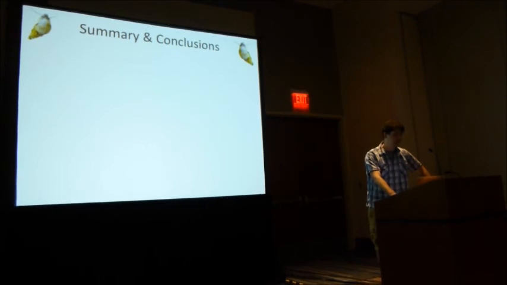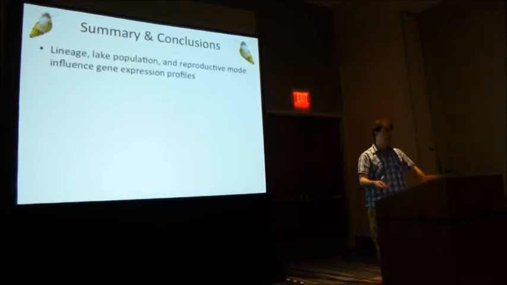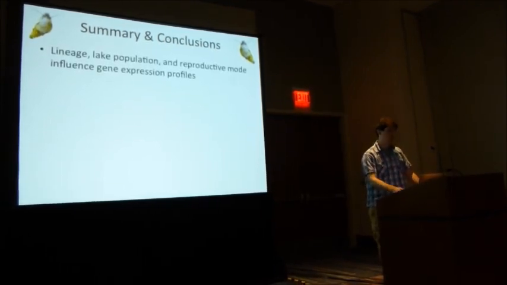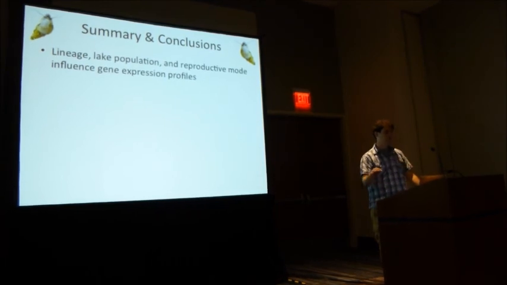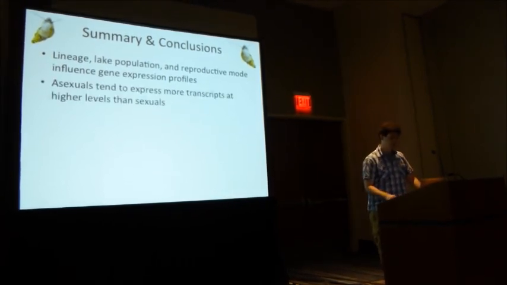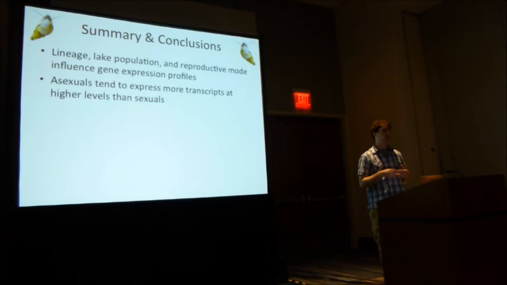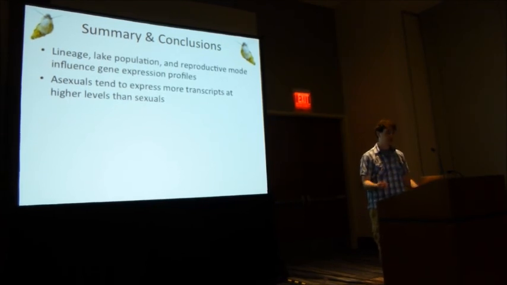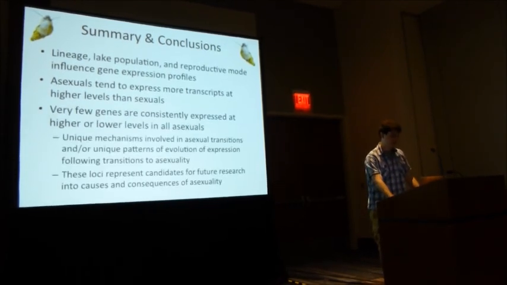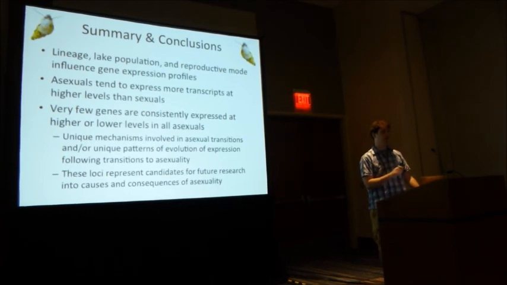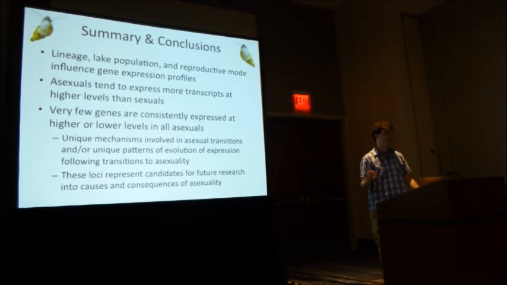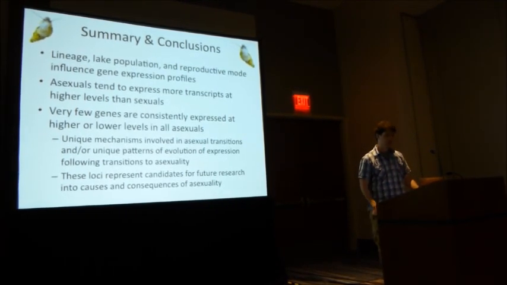So to summarize, we see that lineage, lake of origin, and reproductive mode all do influence gene expression profiles. The asexuals tended to express more transcripts at higher levels than the sexuals, but ultimately very few of these were consistently expressed higher in asexuals compared to sexuals, or lower.